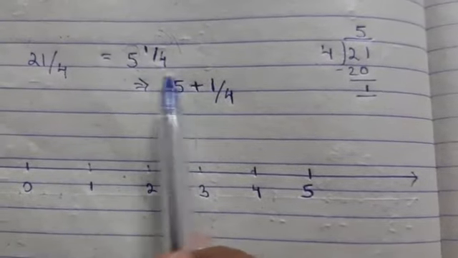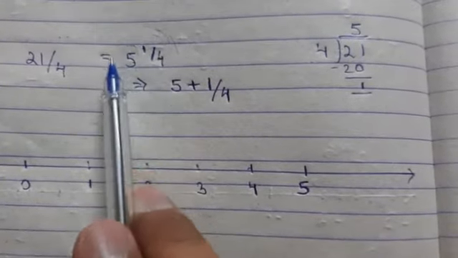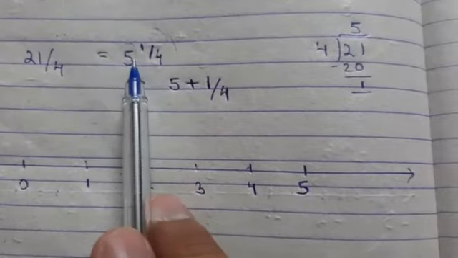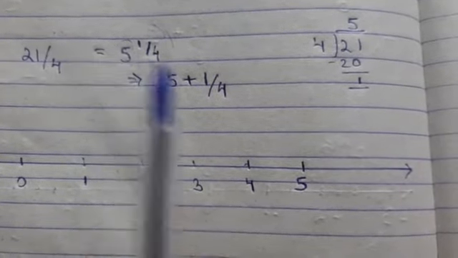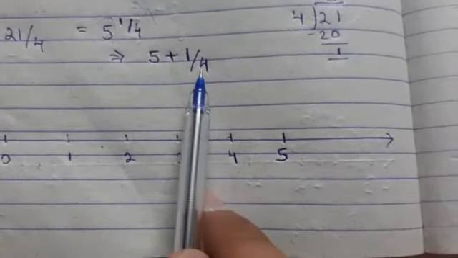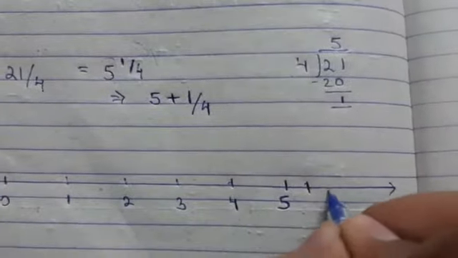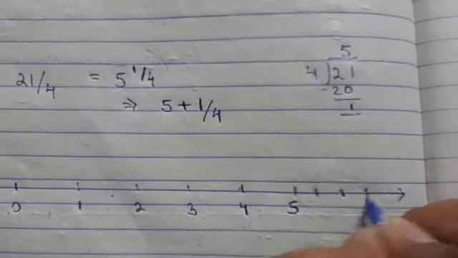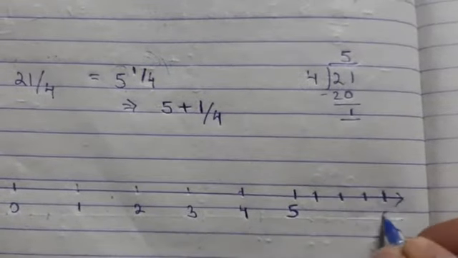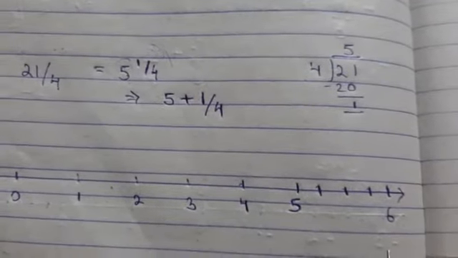Why? Because now the given rational number is 5 whole number 1 by 4. That means you need to start from 5. So after 5, as per the value of the denominator, divide it into 4 equal parts. So 1, 2, 3 and this is your fourth. That is your next whole number 6.